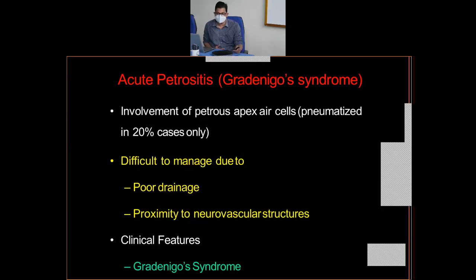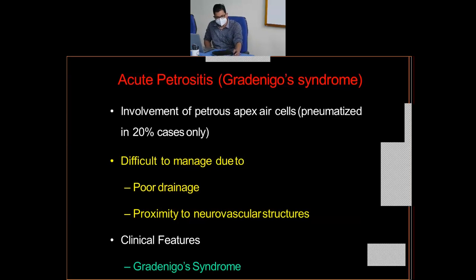There will be postauricular swelling, pain and tenderness, but there won't be any discharge, sagging of the posterior wall of the EAC, or coalescence of the mastoid antrum. You have to differentiate it. Whenever you do the investigation, you will come to know that it's not mastoiditis, it's furunculosis. It is one of the differential diagnoses.